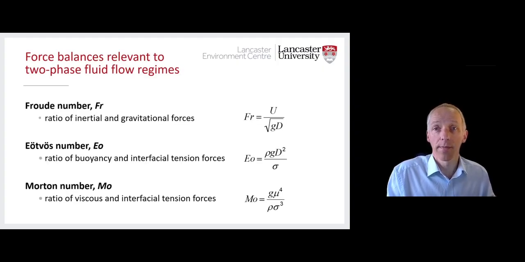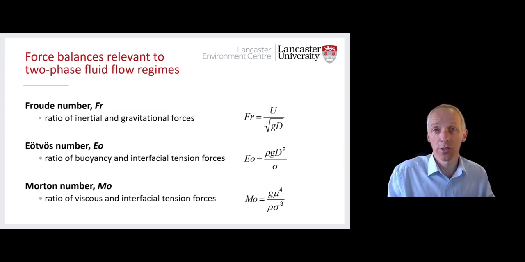There are three key dimensionless numbers that help describe force balances in slug flow: the Froude number, the Eötvös number, and the Morton number. Each characterizes a ratio of different types of forces. So, for example, the Froude number describes the ratio of inertial to gravitational forces.